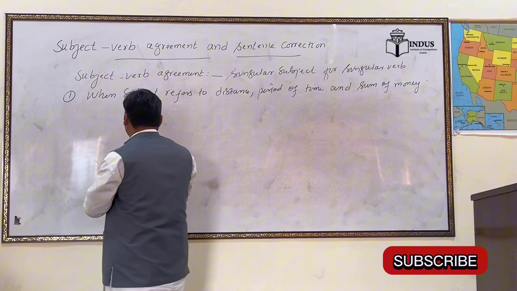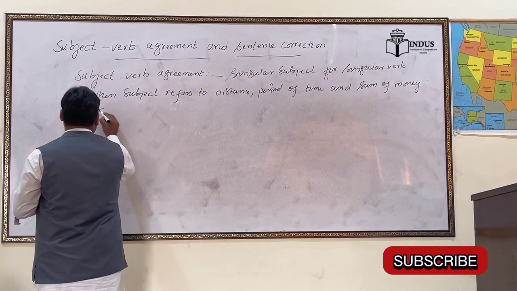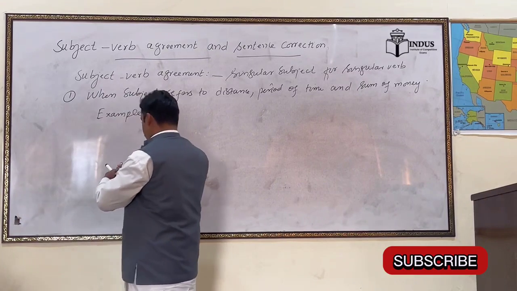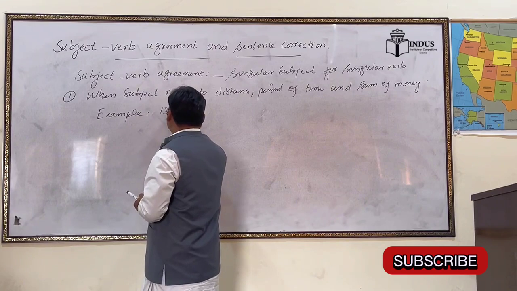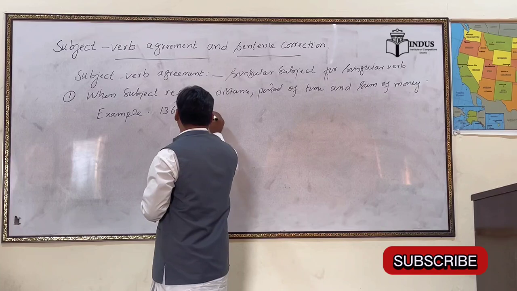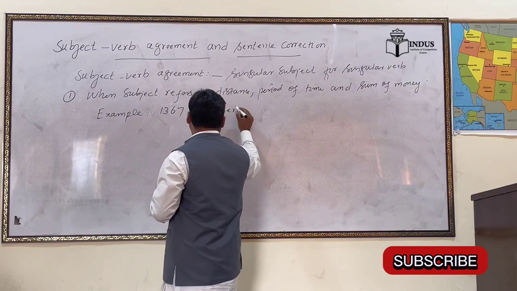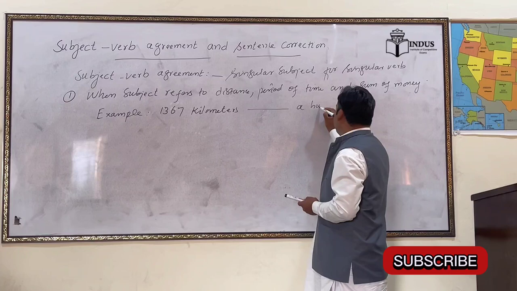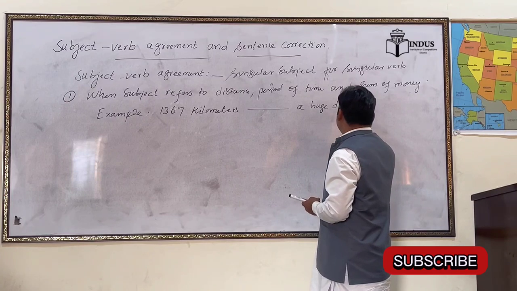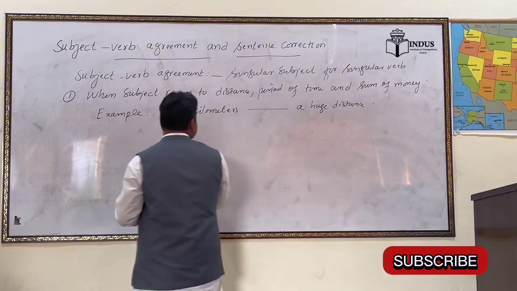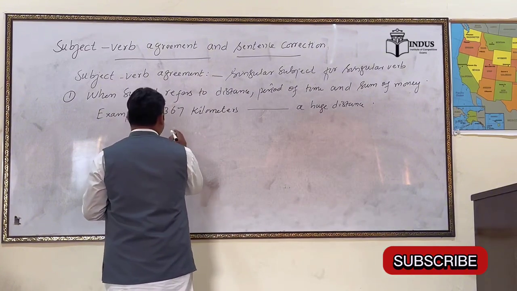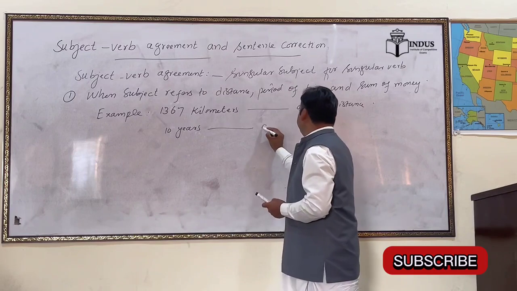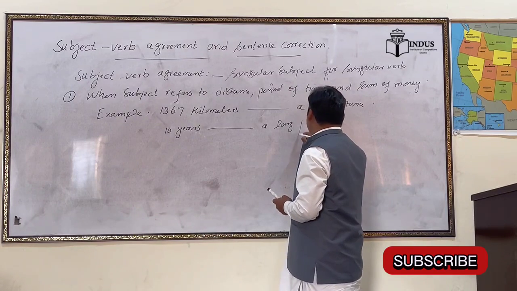For example, look here: 1367 kilometers, a huge distance. The second example can be 10 years, a long period of time.